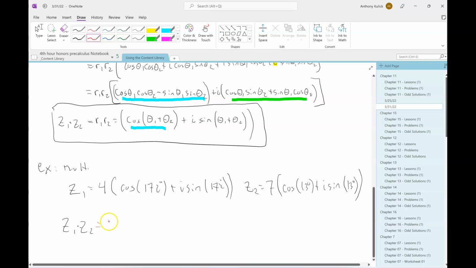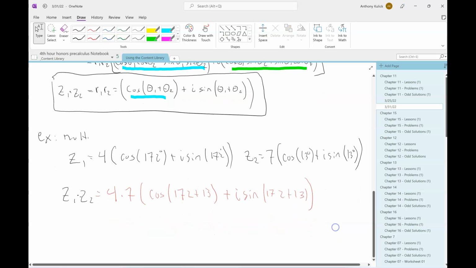If I want to multiply these two together, I just do 4 times 7, cosine of 172 plus 13, and then i sine of 172 plus 13. Or really, 28 times cosine of 185 plus i sine 185.